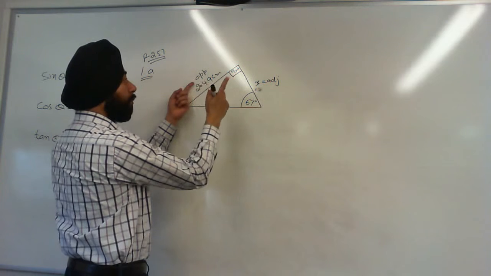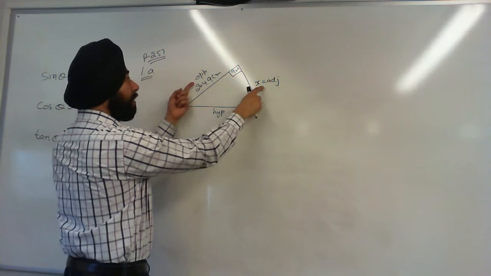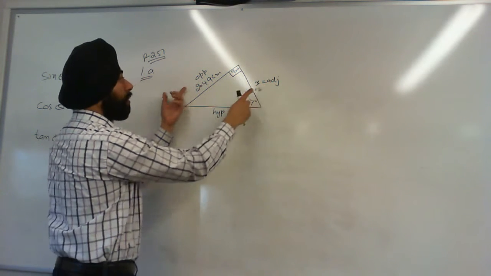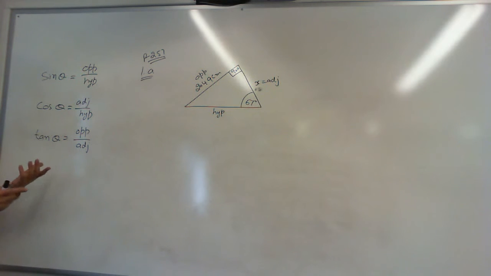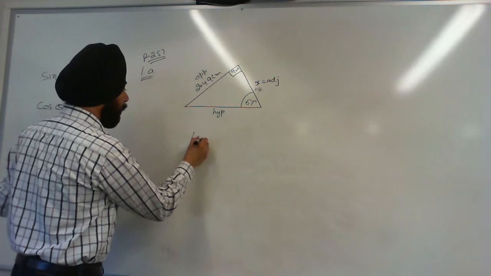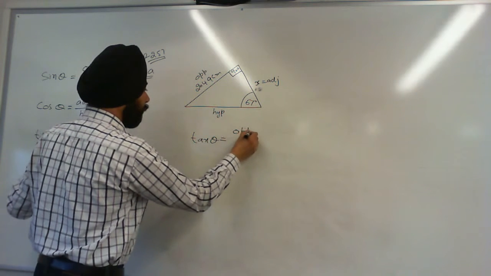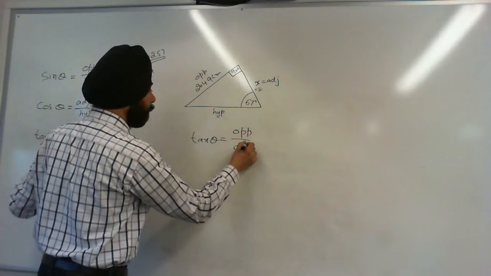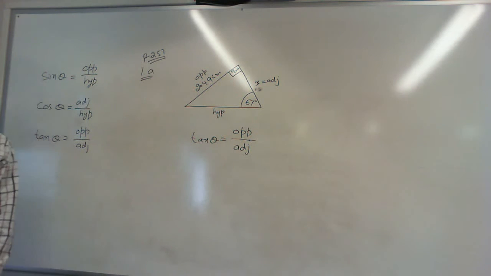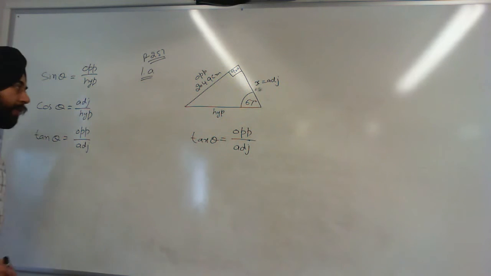What is the formula that has opposite and adjacent? Tan theta. So you write this formula: tan theta is equal to opposite over adjacent. Write down this formula first, and then put in the values.